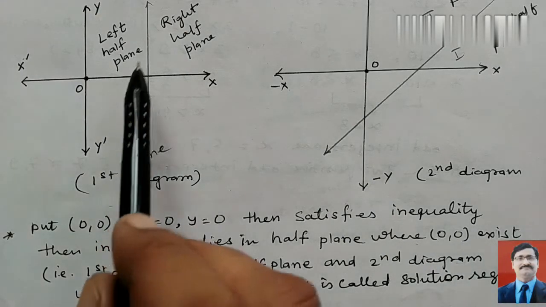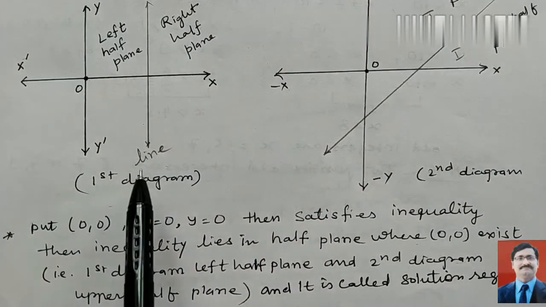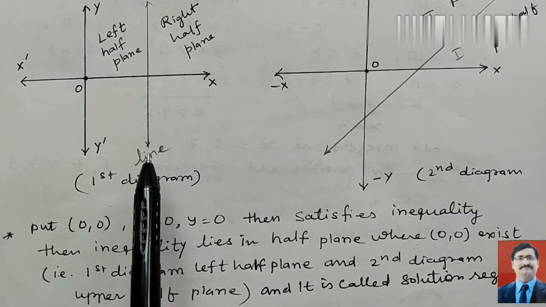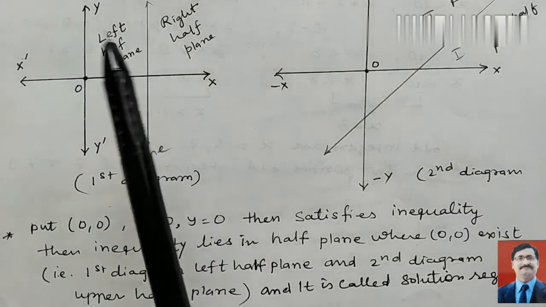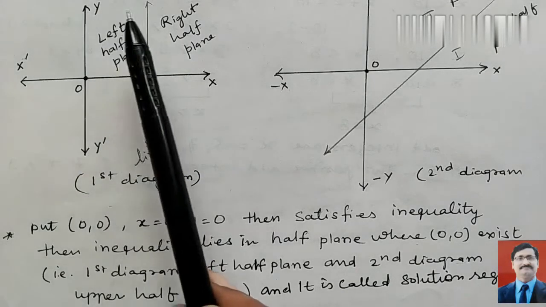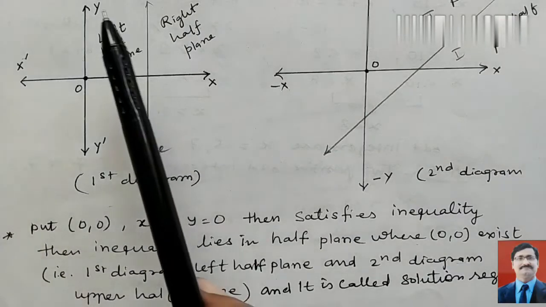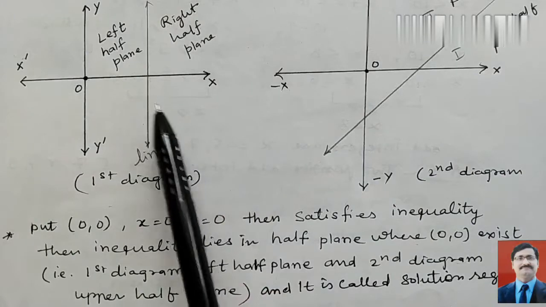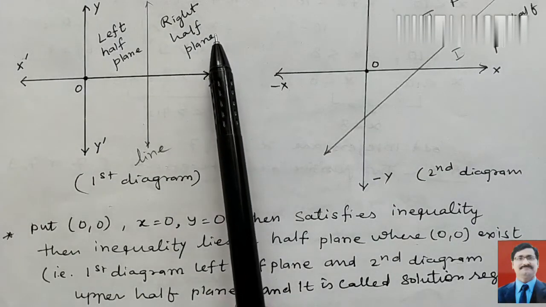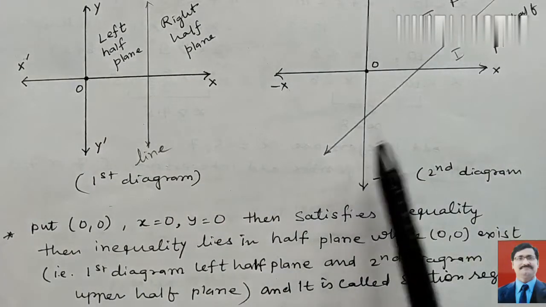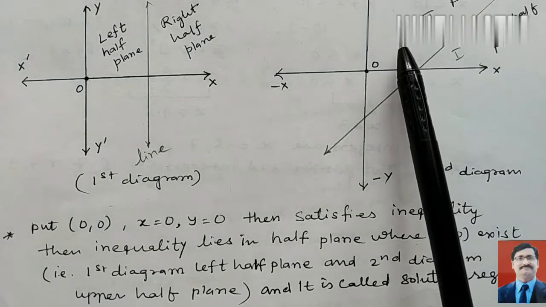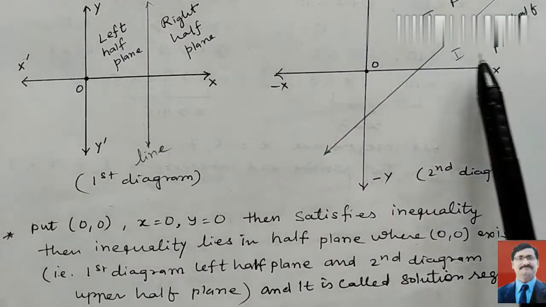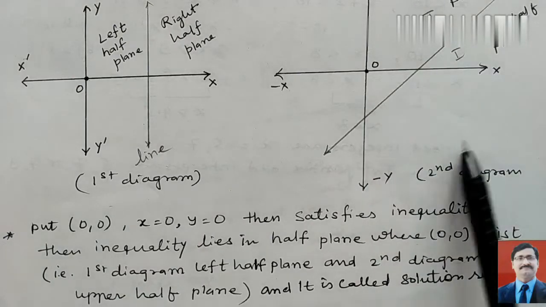Okay, look here, if this line is given, in the equation of the line we put x equal to 0 and y equal to 0. If it is satisfied, then the inequality will be in this left half plane, otherwise it will not be in this, so it will be in the right half plane. Similarly, if it is satisfied, it will be the upper half plane, and this is the inequality part, otherwise it is the lower half plane.